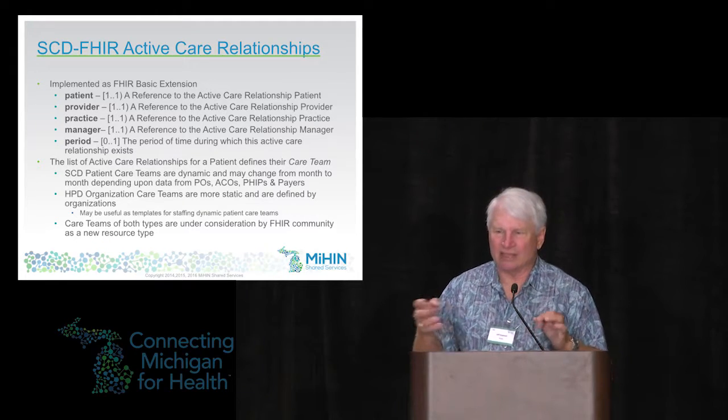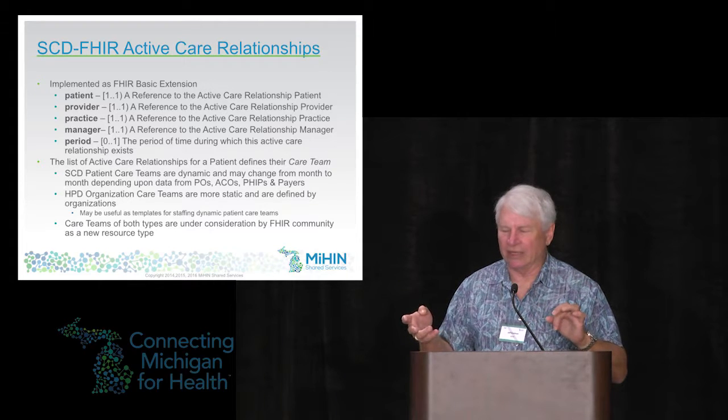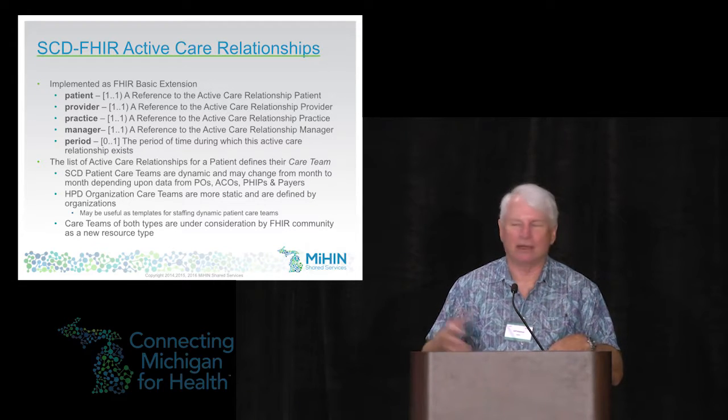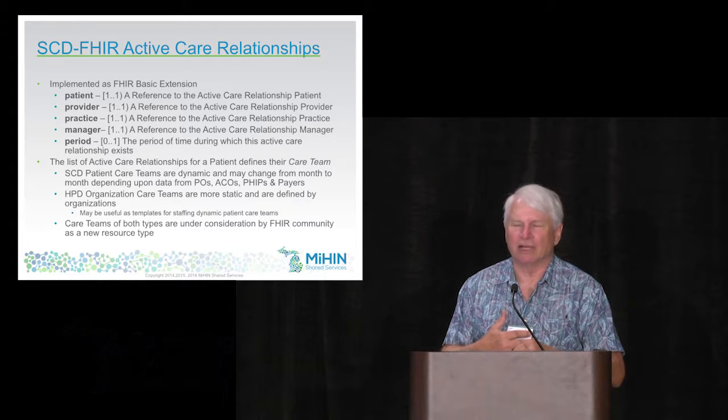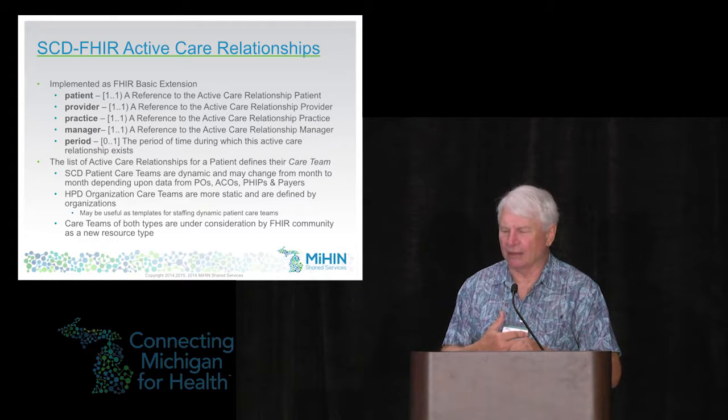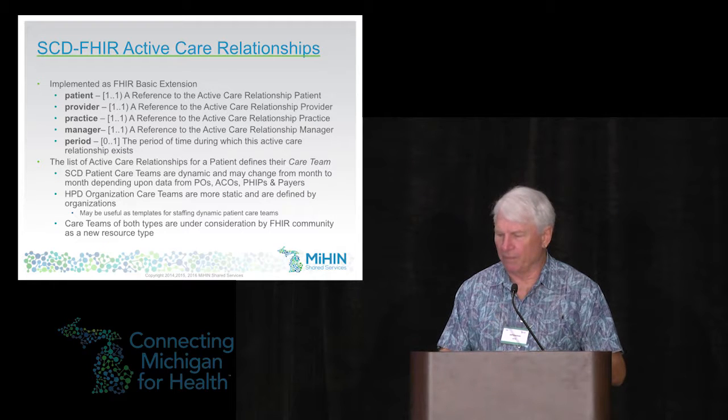But it doesn't quite exactly have all the information in it that we need. So we might just choose to extend that, but once the STU comes out later this summer, we'll evaluate that and go forward. So active care relationships, another FHIR basic extension.